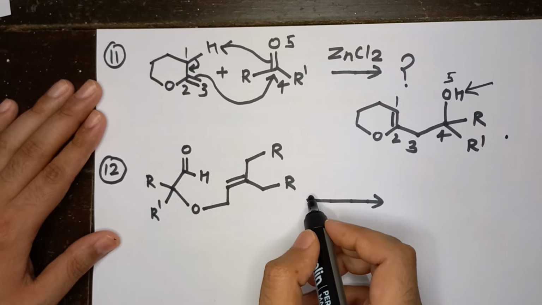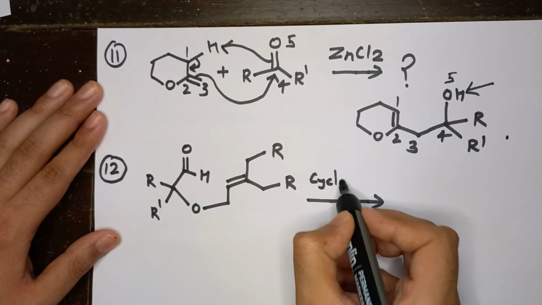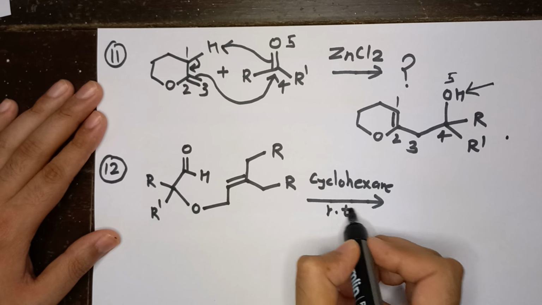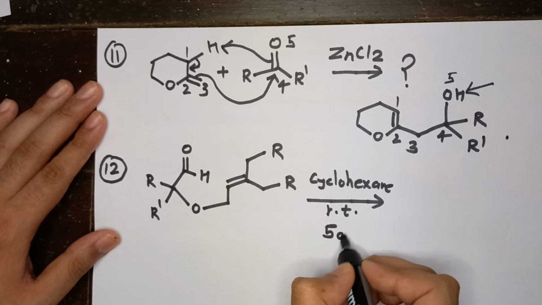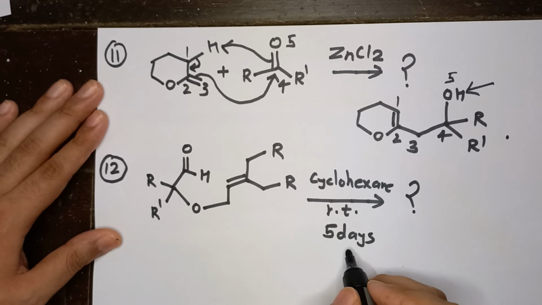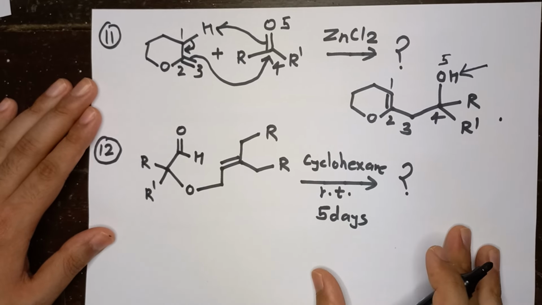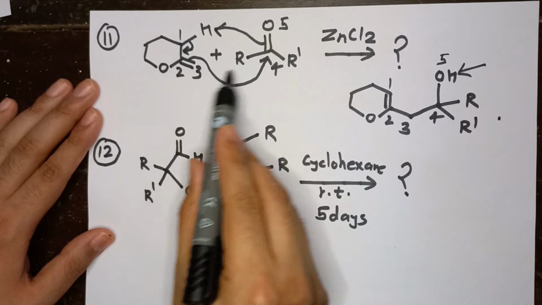And when we have this kind of reaction, a ring is going to form. So we have cyclohexane as a solvent, and we are keeping this reaction at room temperature for 5 days. So what is the product? Feel free to pause the video and find out the product with the arrow pushing mechanism.